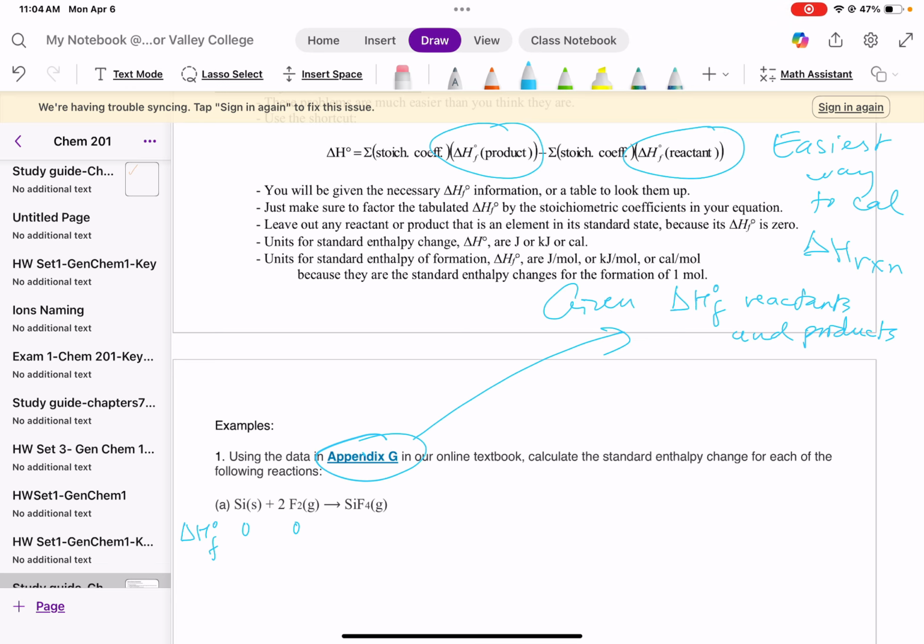This one I can't remember, but it's negative something, and we look it up in Appendix G. For this one, it's so simple. Just take that minus the reactant side, which is 0, and that's the answer.